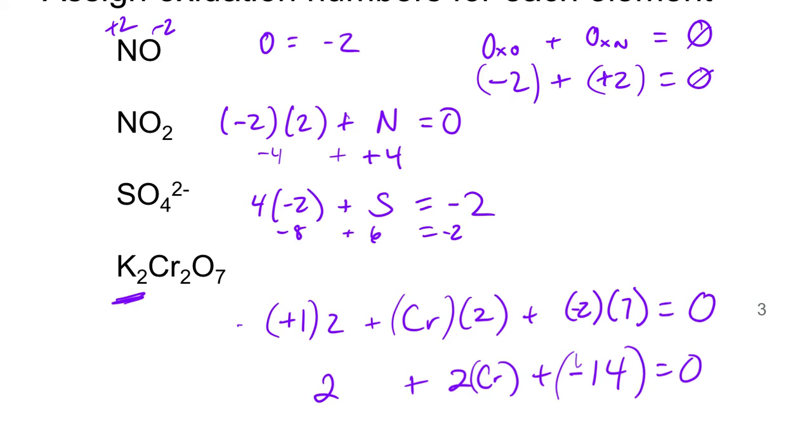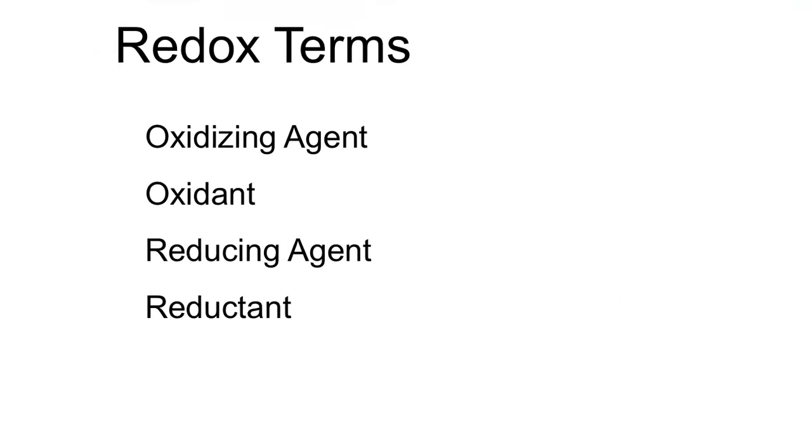Plus 14 minus 2 equals 12. 2 times chromium plus 6. Algebra. Questions? Next slide. Okay then.